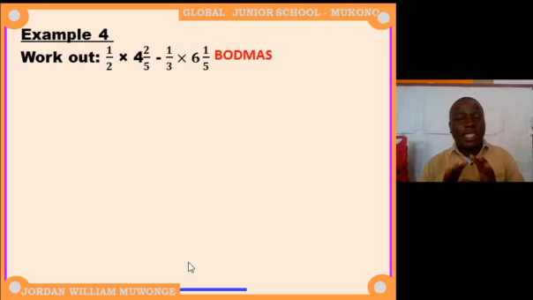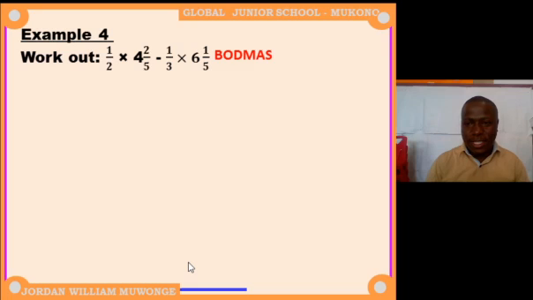Remember, we are supposed to be governed by the order of BODMAS. There we are. Boys and girls, first step, change every mixed number you are seeing in that question to an improper fraction. Remember, one of the mixed numbers we are having here is 4 and 2 out of 5.